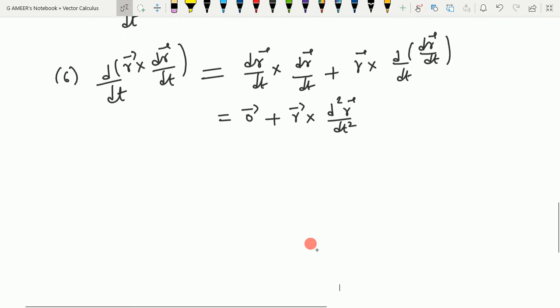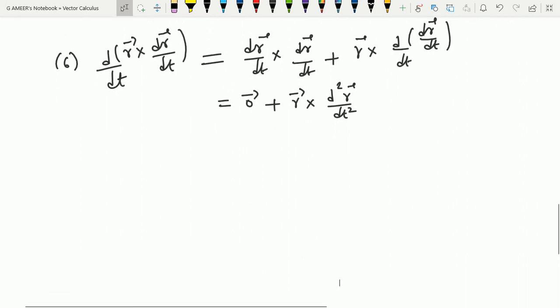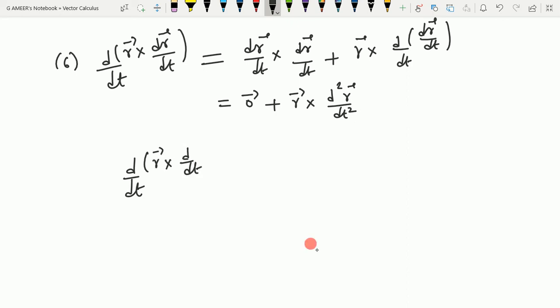Okay. So from here what we get? d by dt of r cross d by dt of r is equal to r cross d square r by dt square. What is from here we will get? It's anti-differentiation principle.